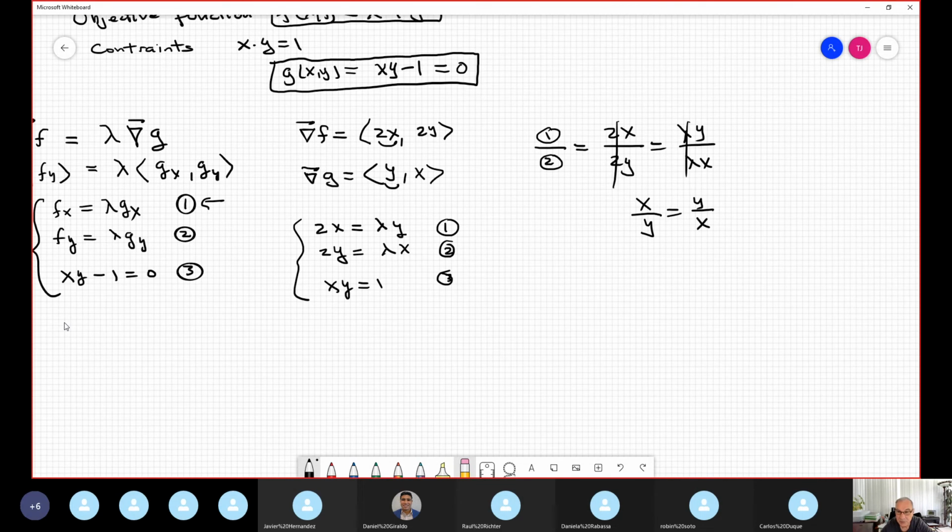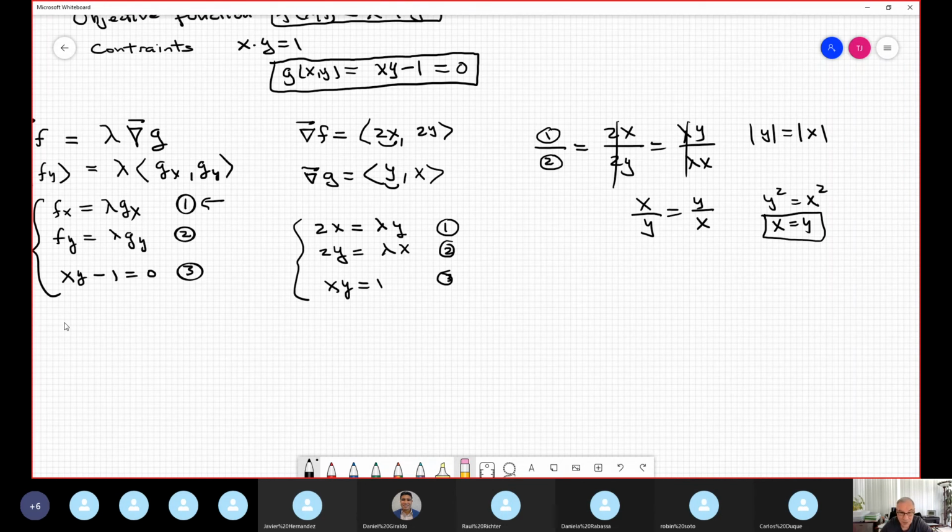You apply cross multiplication, and you have y squared equal to x squared. Therefore, x equals y and y equals x. Well, actually, when you apply the square root to both sides, it's absolute value of y equal to absolute value of x. Okay, this is plus or minus, but in this case, plus.